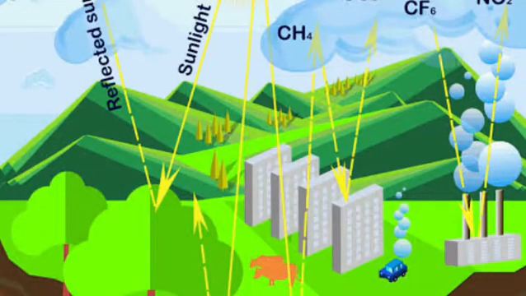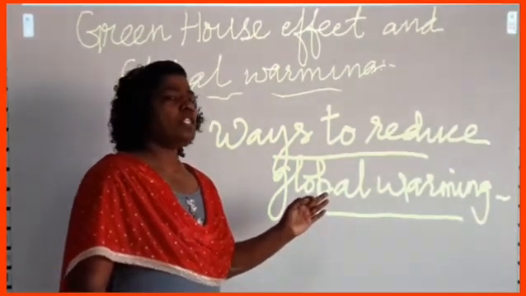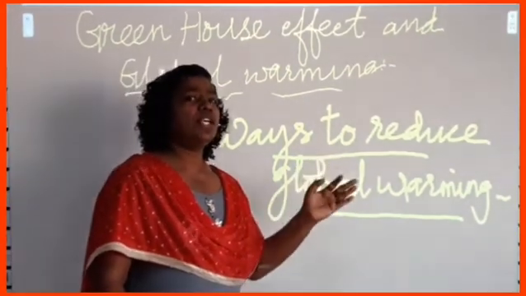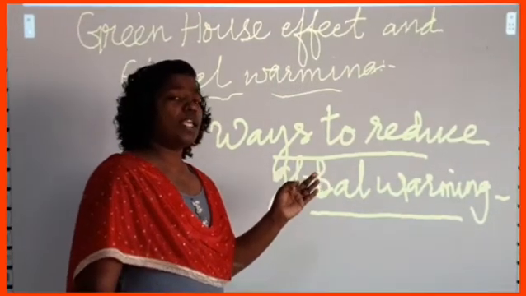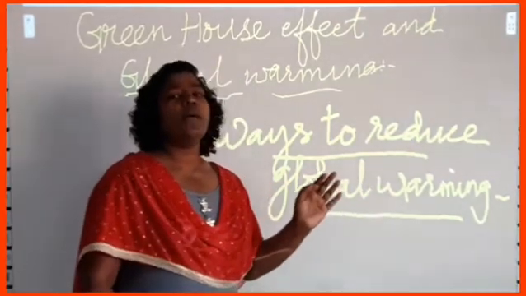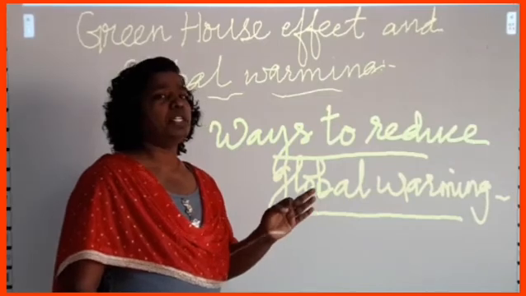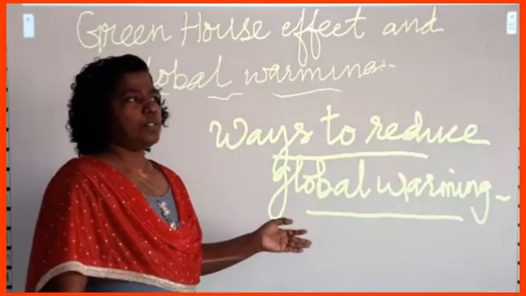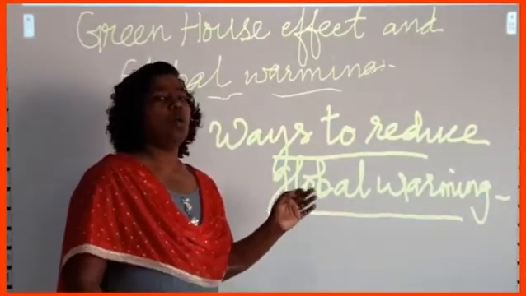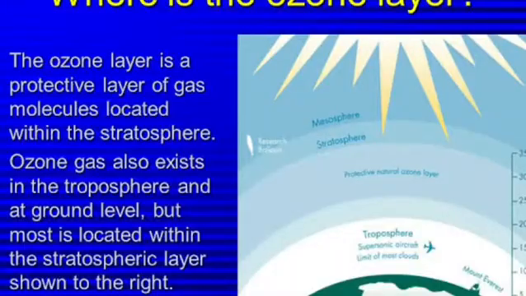And the third way, we have to use solar energy, which is received from the sun, instead of using heat energy. And also in our homes, we can use CFL bulbs instead of other bulbs. In these ways, we can control or reduce global warming.